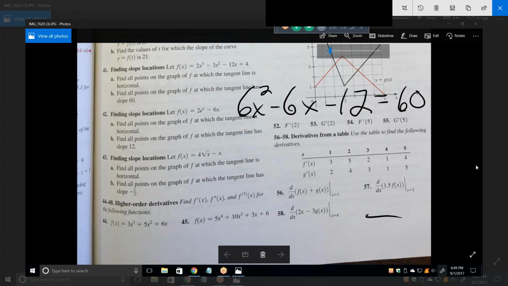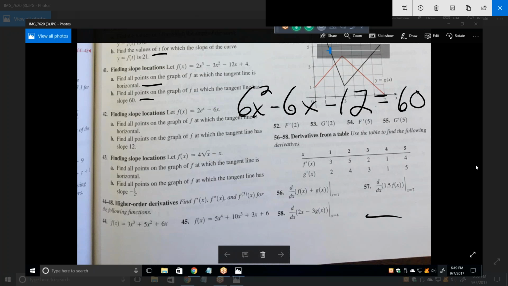You take the derivative, find the derivative function, and set it equal to whatever they want the slope to be. Here the slope is 0. Here the slope is 60. Here the slope is 21. So whatever slope they're looking for, you put it on the other side of the equal sign.